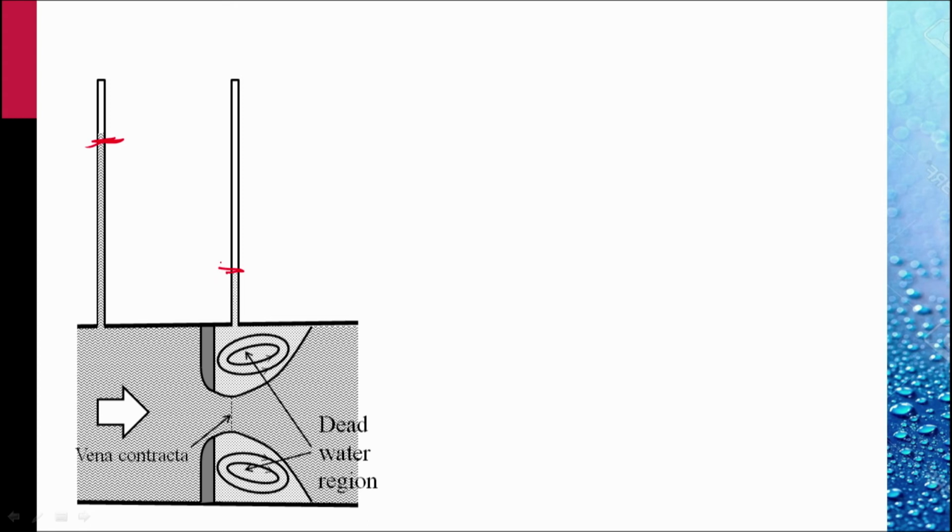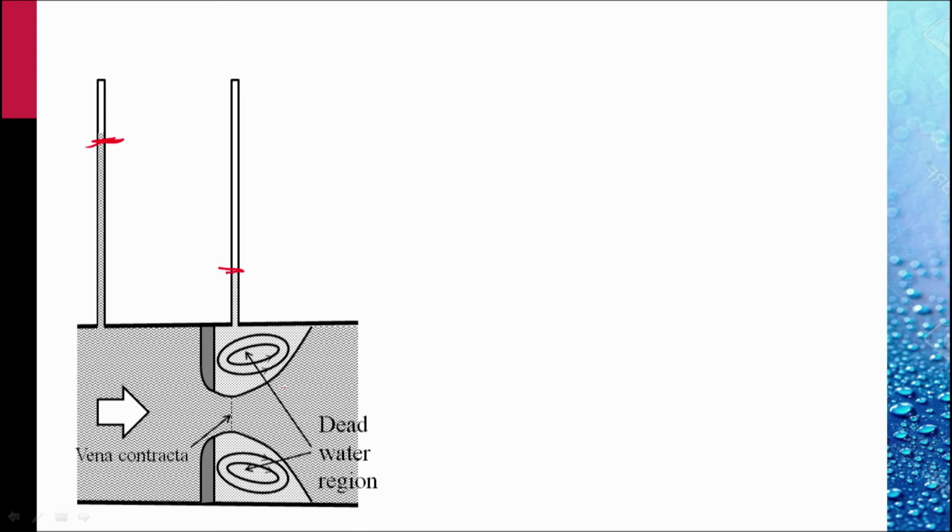As the flow comes out of the orifice, it first contracts, as we have discussed earlier, decreasing in area and forming a vena contracta, the cross-sectional area where the diameter of the jet is minimum.